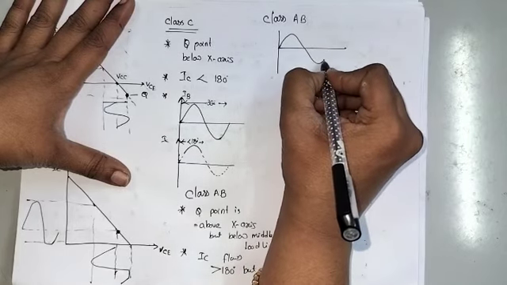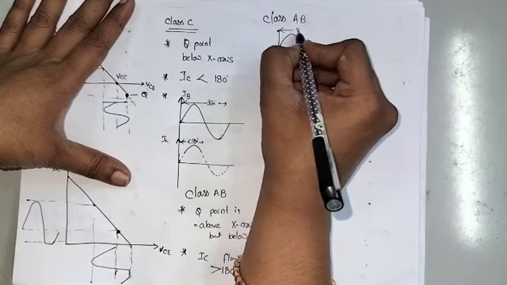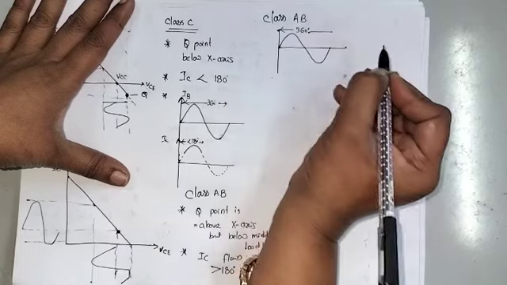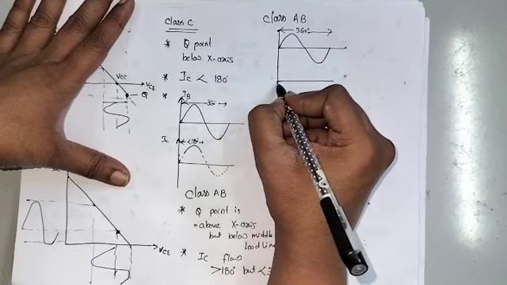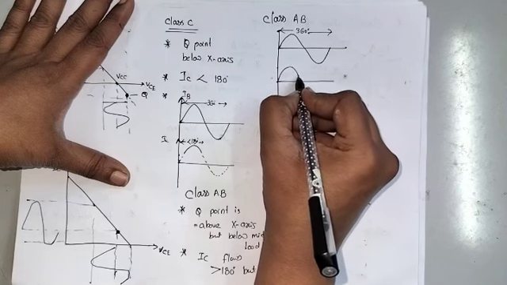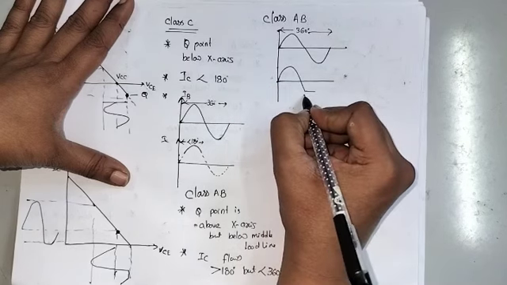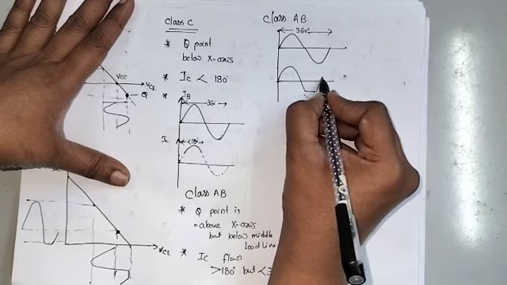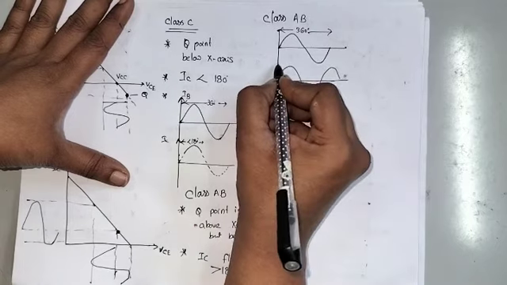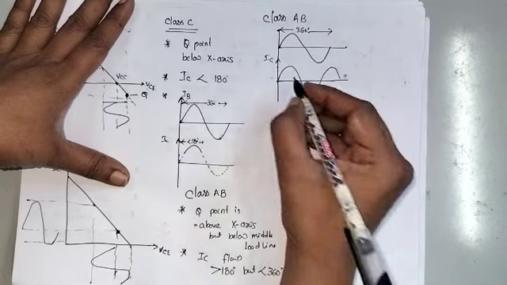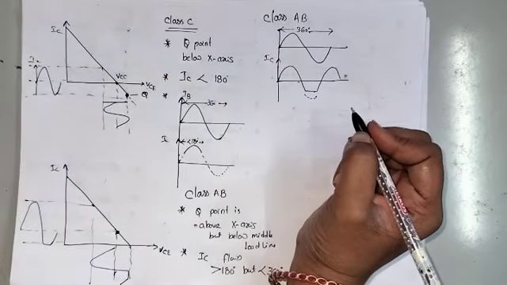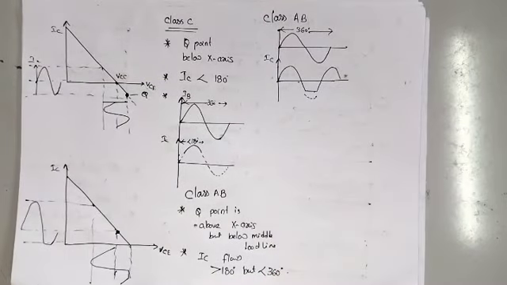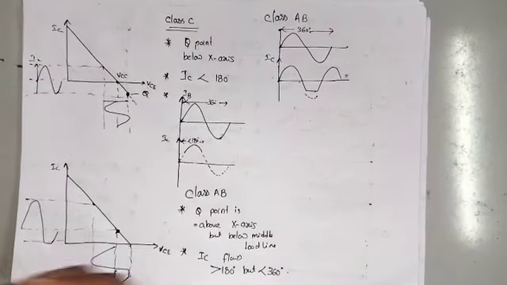This is the input IB, total 360 degrees, and the collector current IC is like this, greater than 180 degrees but less than 360 degrees. So that amplifier is called a class AB power amplifier.